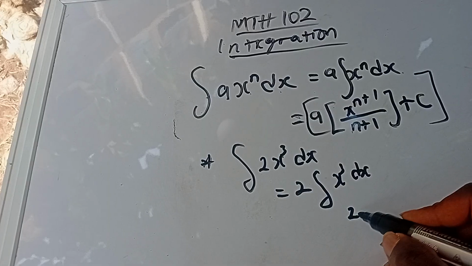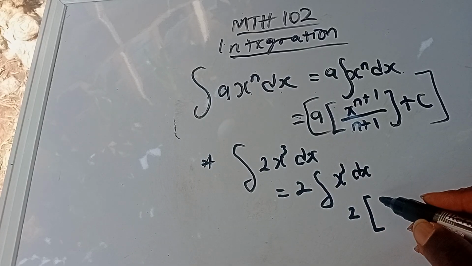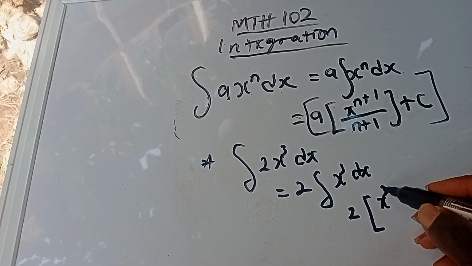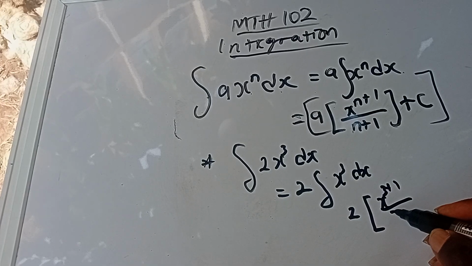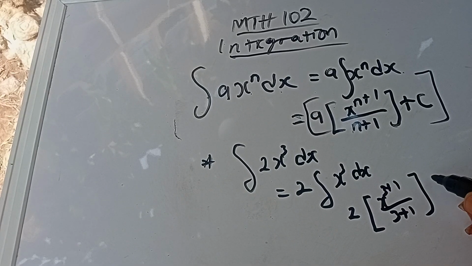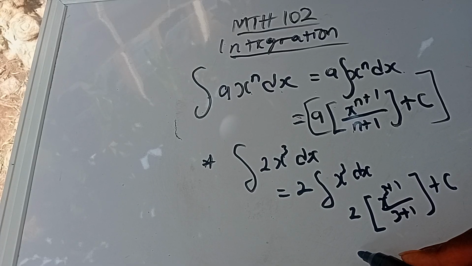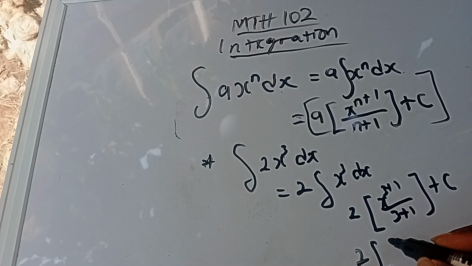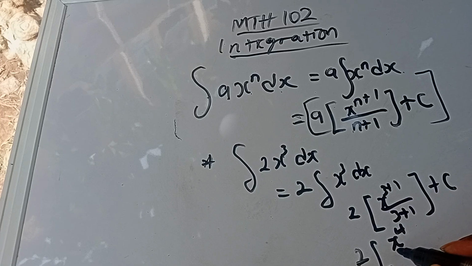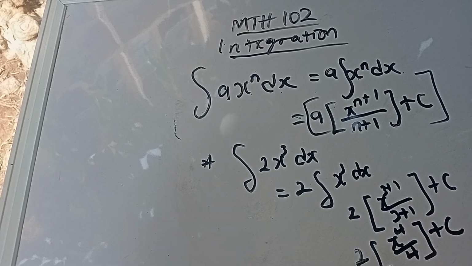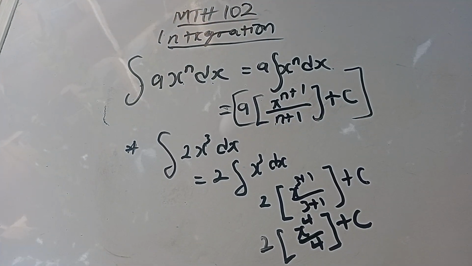This becomes 2 open bracket, and if you integrate x cubed, you get x to the power 3 plus 1 over 3 plus 1, plus c. Once you have done integration, even though you have not simplified the answer, always add plus c. So this becomes 2 into x raised to power 4 divided by 4 plus c.